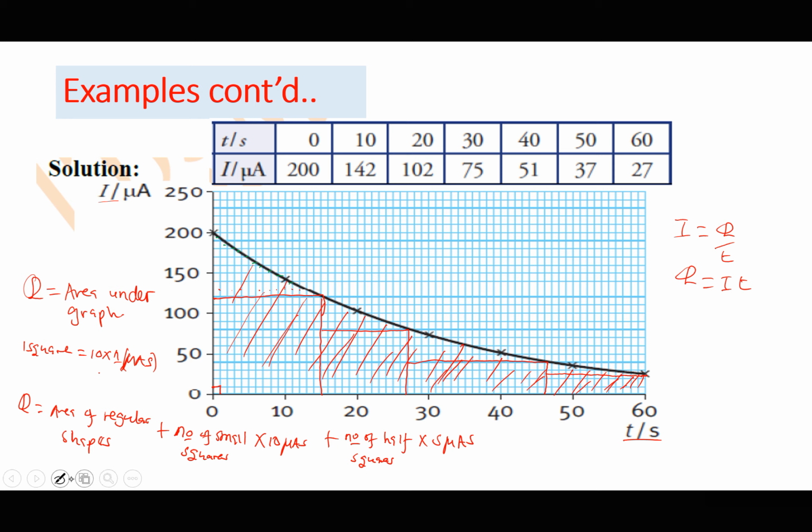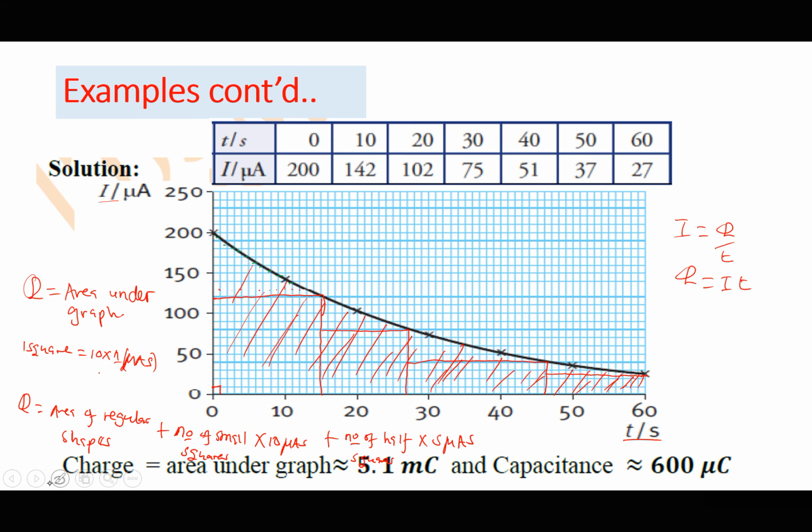So I carried out this on a graph paper, and I actually verified that the area was approximately, the charge was approximately 5.1 millicoulombs.